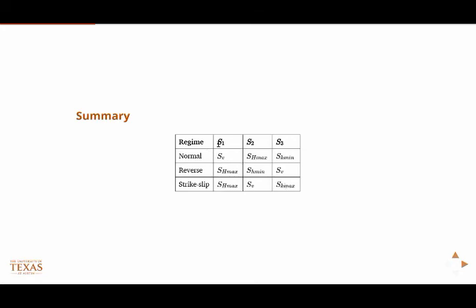Where S1, S2, and S3, remember, are the principal stresses, and they're always defined where S1 is greater than S2 is greater than S3. So this is the Anderson or Andersonian fault classification scheme.